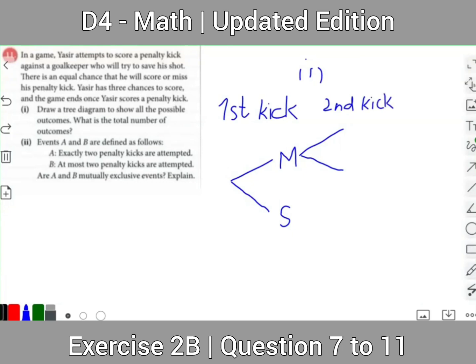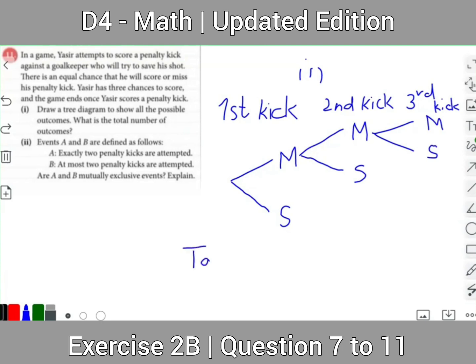So from the M of the first kick, we will have two more outcomes, those are M and S. And now for the third kick, from the M, we have further two. So the total number of outcomes is 4 in our case.